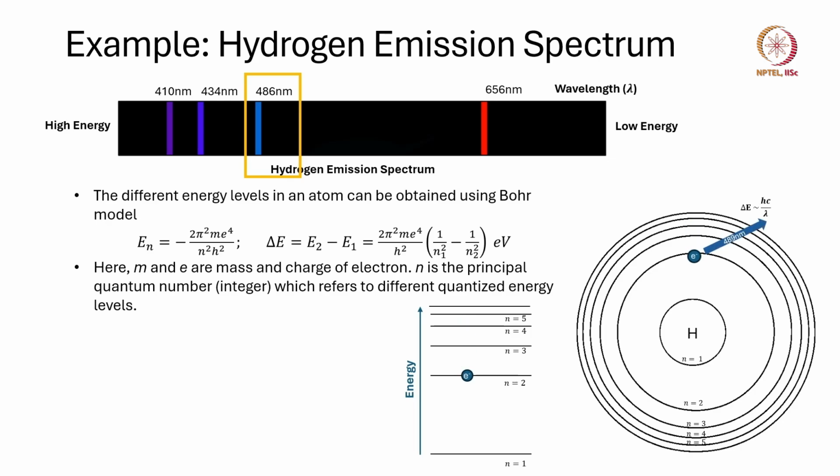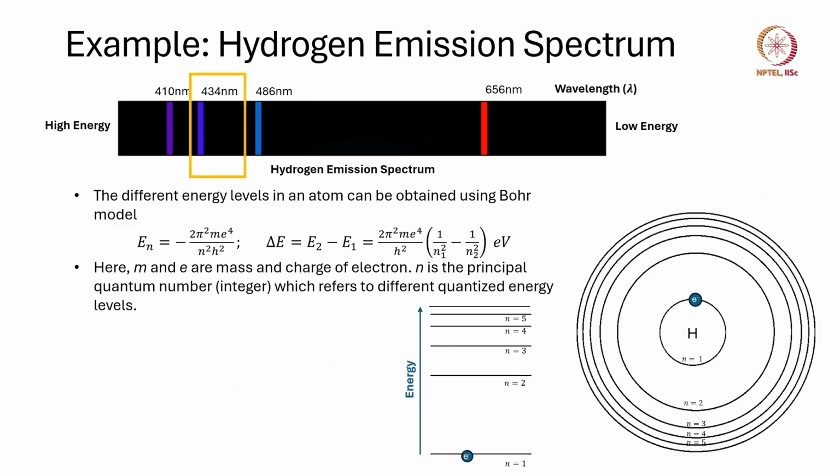And this energy difference between n equal to 4 and n equal to 2 corresponds to hc by lambda, where lambda is 486 nanometers.